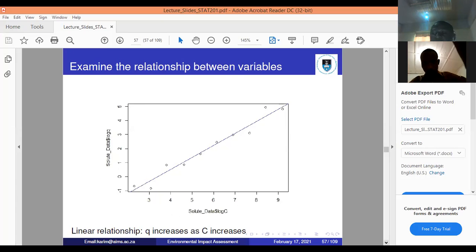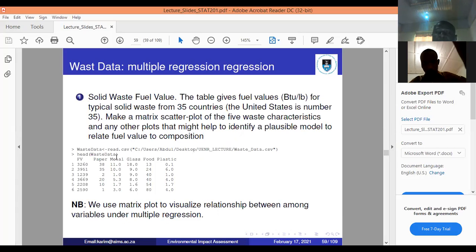In a situation where we have several variables like this, we use what we call the scatter matrix plot, or matrix plot, to visualize the relationship between the multiple variables.